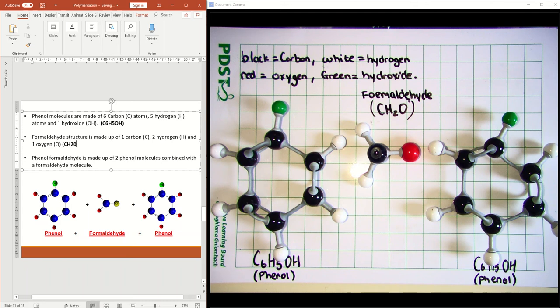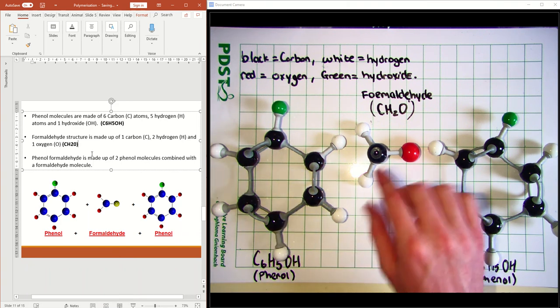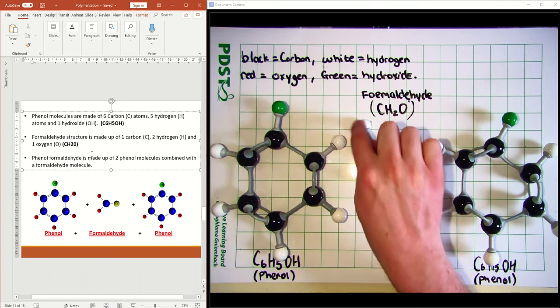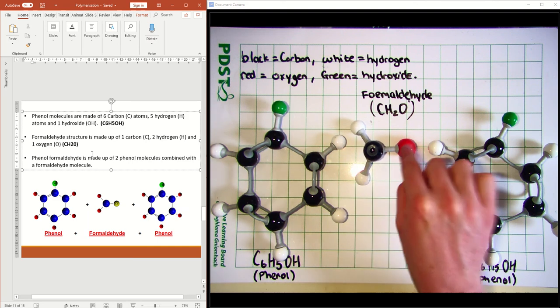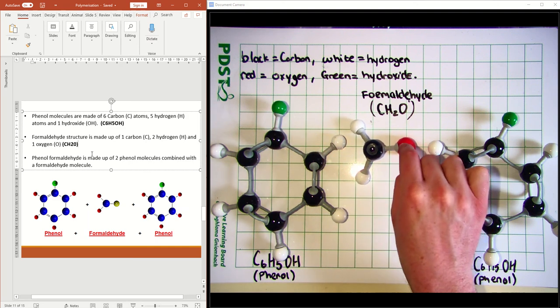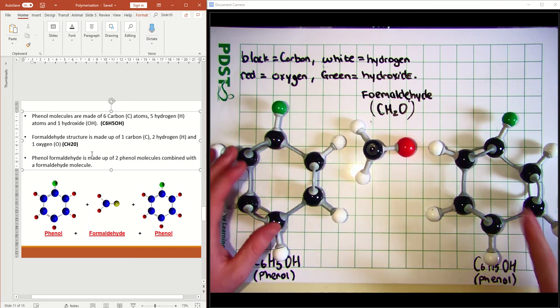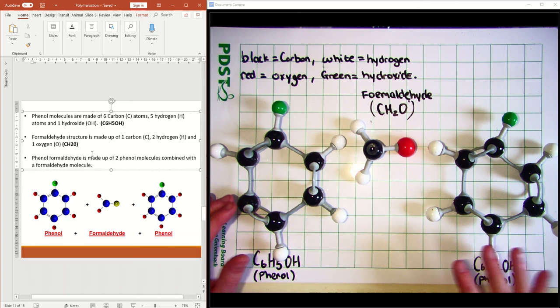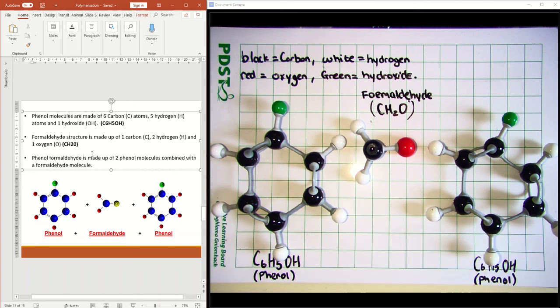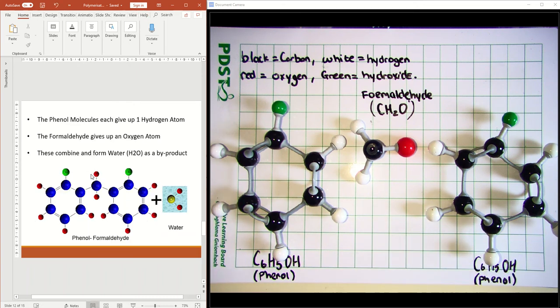Okay, so this is the formula for our formaldehyde. Where does this come from? Okay, so we have 1 carbon atom, 2 hydrogen atoms, and 1 oxygen atom. Okay, so that's the makeup of the two different molecules.